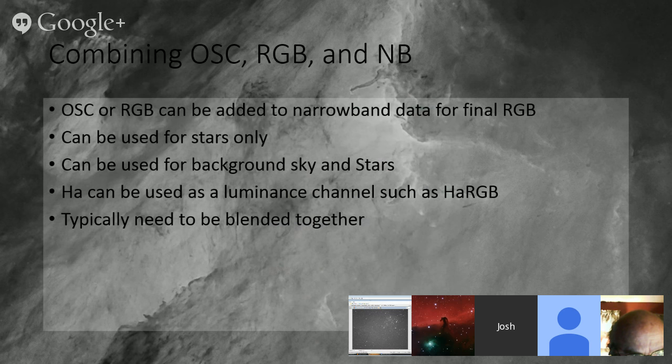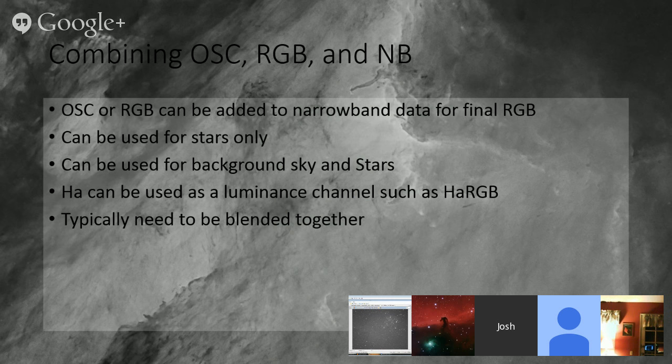So another way to combine your data, besides just bicolor or Hubble palette or HSO, is to combine RGB data from either one-shot color or from RGB filters and put that together with your narrowband data. You can do this by only replacing the stars, as I mentioned earlier. You can replace the background sky and the stars with your RGB data, which I sometimes find to be pretty beneficial.